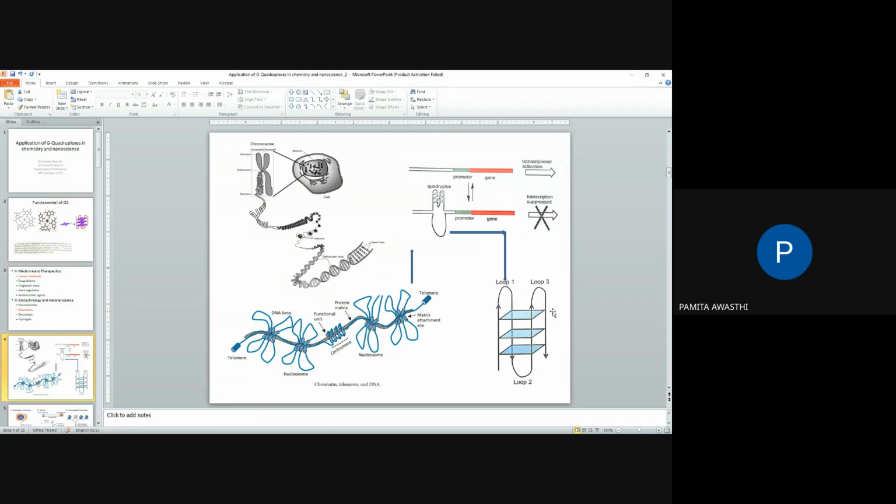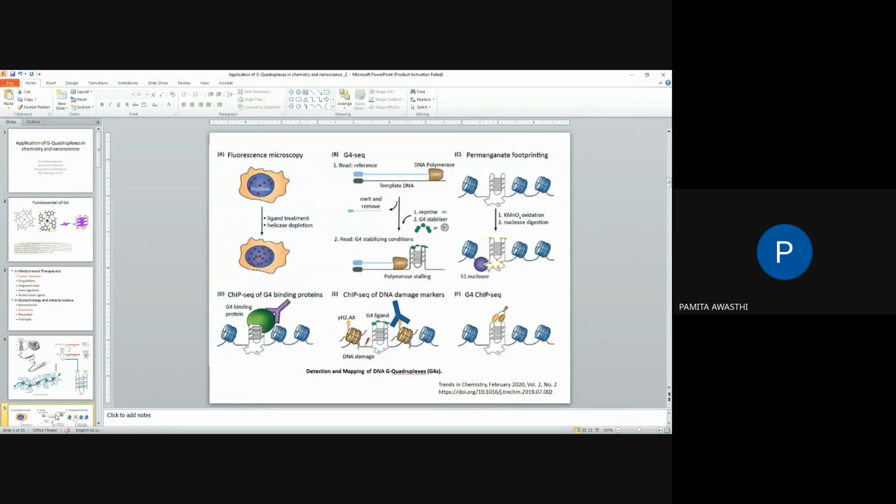So the next question is, how do we confirm? Okay, we have identified it. How do we confirm the presence of quadruplexes in our DNA? This is something for cellular studies, in which ligand treatment has been done.